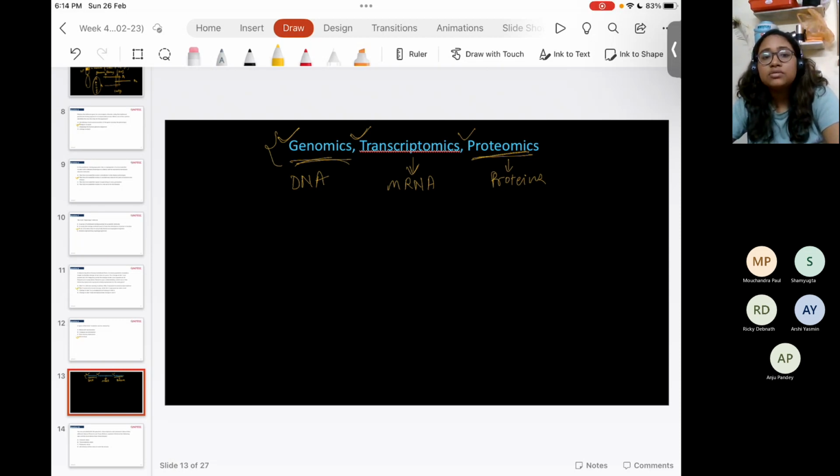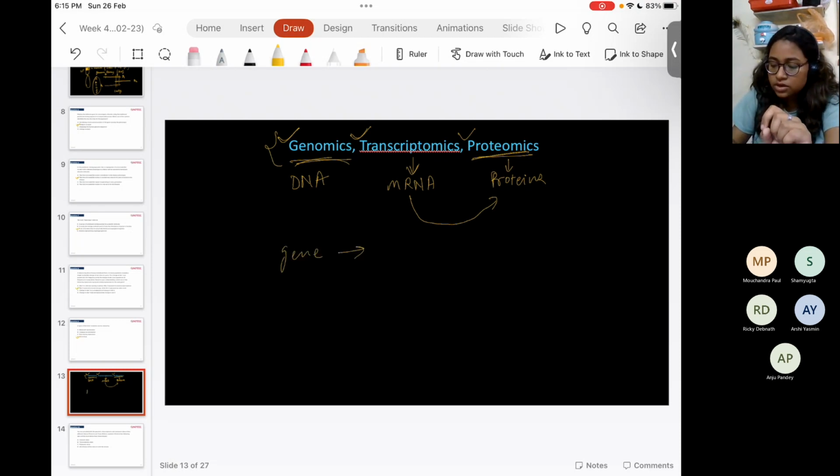Okay. Now, how is this mRNA translated and made into proteins? This collection of all the proteins is studied in the field of proteomics. Now, it is possible that from a particular gene, say, 10,000 mRNAs are produced.